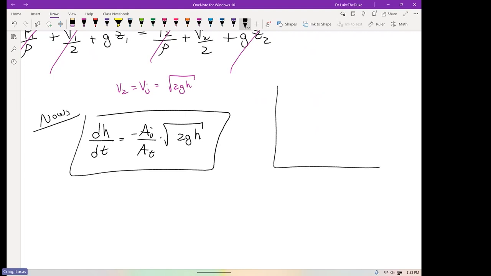And what does a differential equation solve? One number? Two numbers? It's a function. You're going to end up finding that h is this. I'm just going to give it to you, but you can try it on your own.